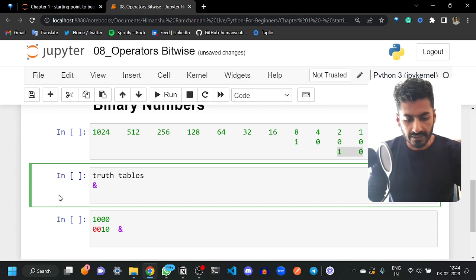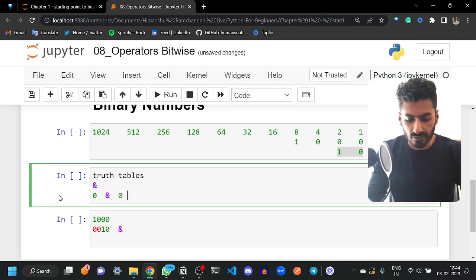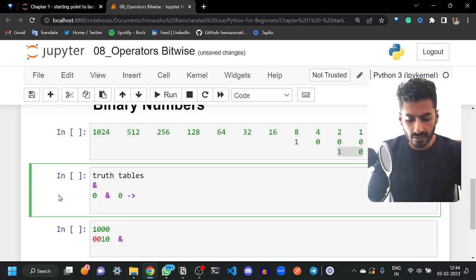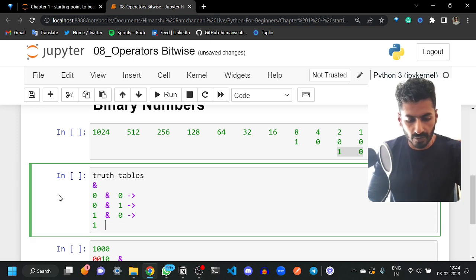Let's create a table: 0 and 0, 0 and 1, 1 and 0, 1 and 1. So what will be the output of these?